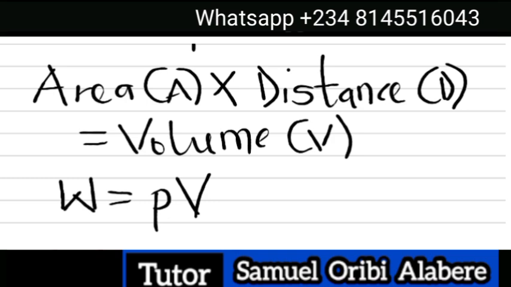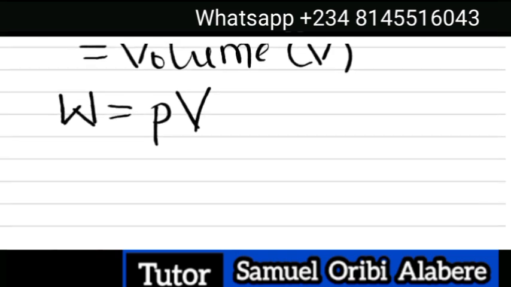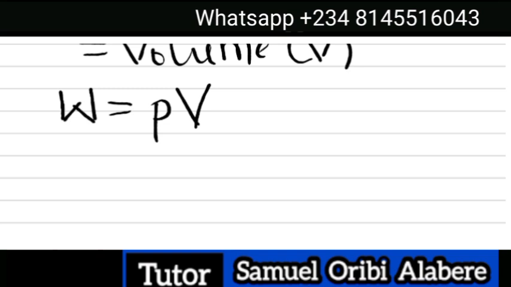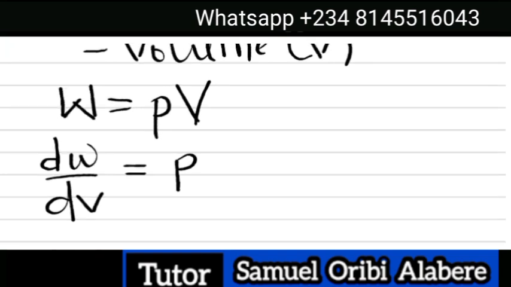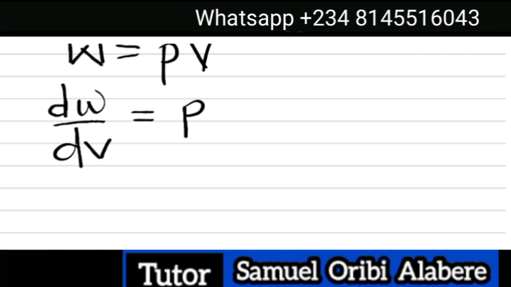Our next process is to differentiate W with respect to V, which will give us dW over dV, which will be equal to P. After we have gotten this derivative, we are now going to cross multiply.